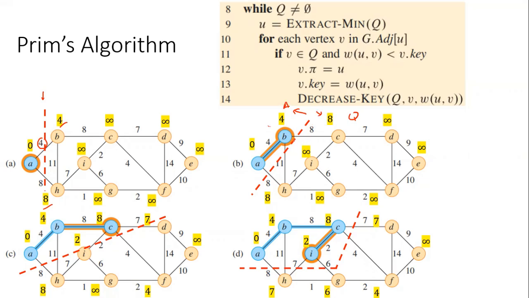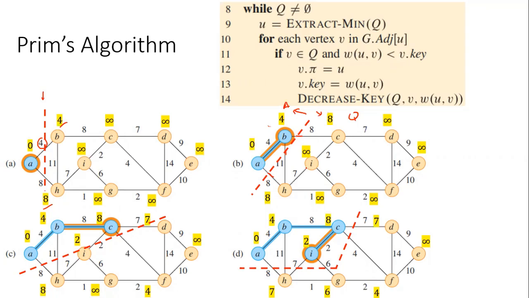Next, we're going to look at the minimum value, the least cost edge across this particular cut. This cut is going to comprise these edges 8, 11, and 8. So we could pick either the B, C, or A, H edge.